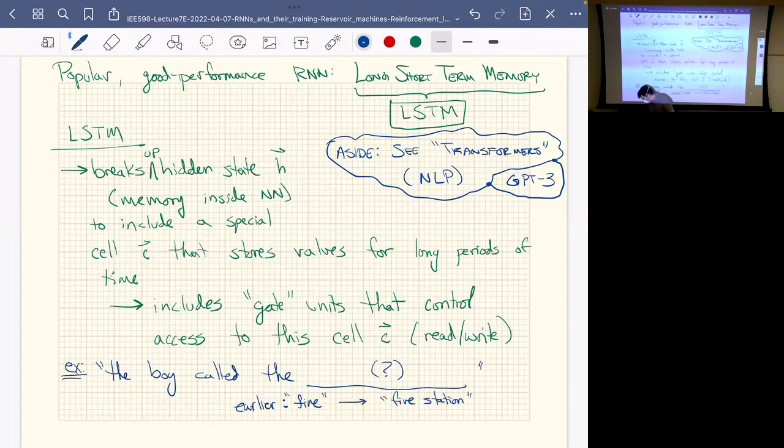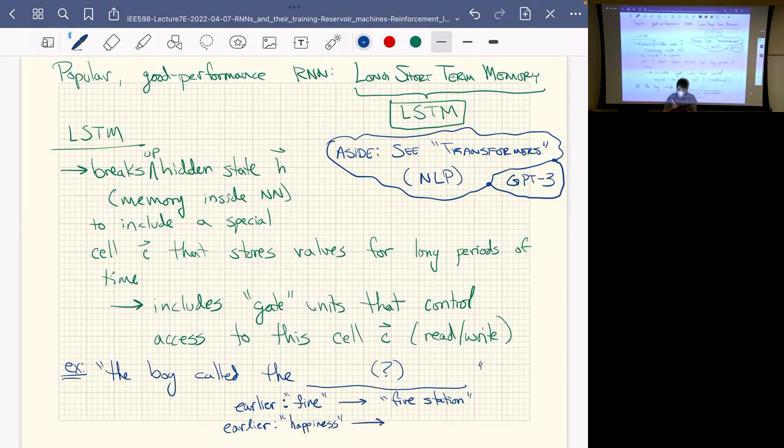But then maybe instead, earlier we see that there were some contextual cues that weren't related to fire. They were related to, I don't know, happy feelings or something like that.